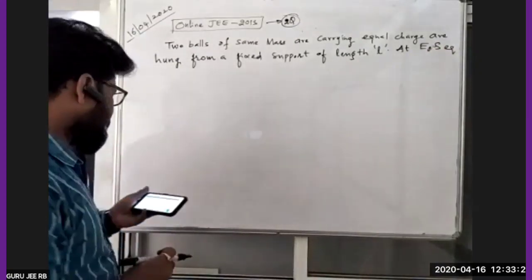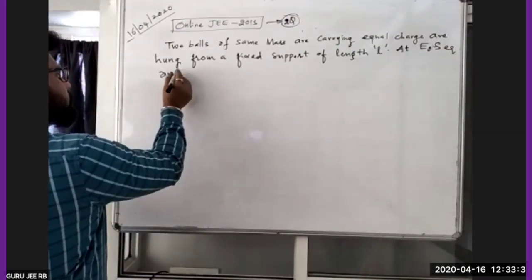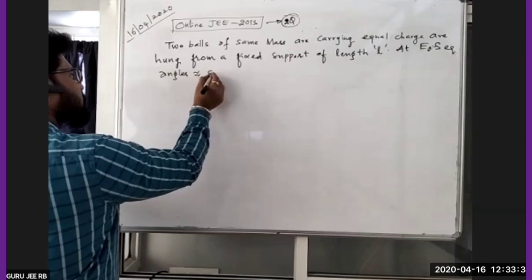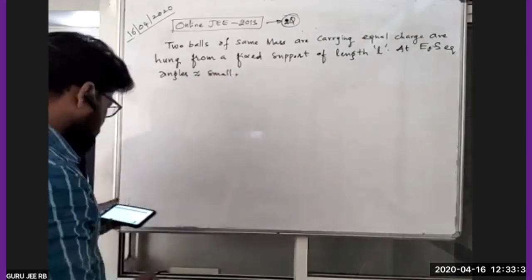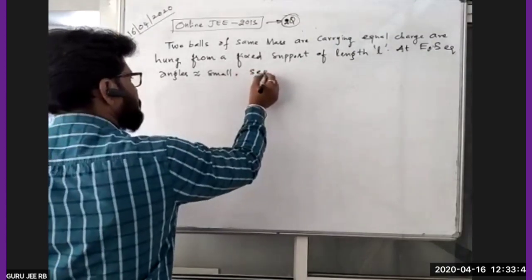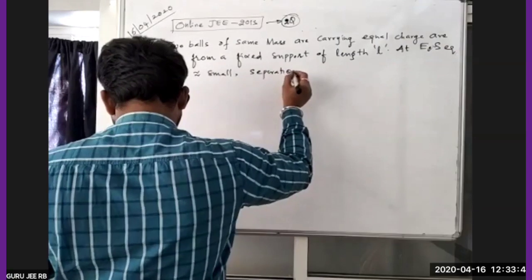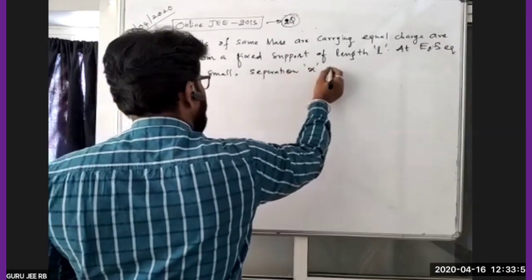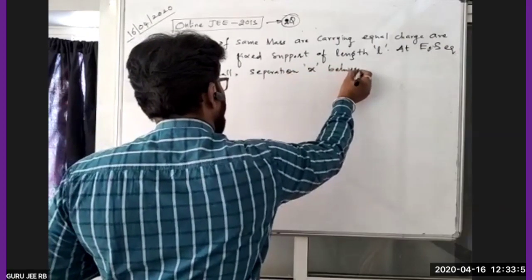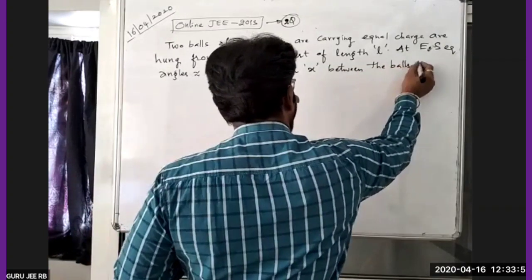assuming the angles made by each thread are small, the separation X between the balls, proportional to.